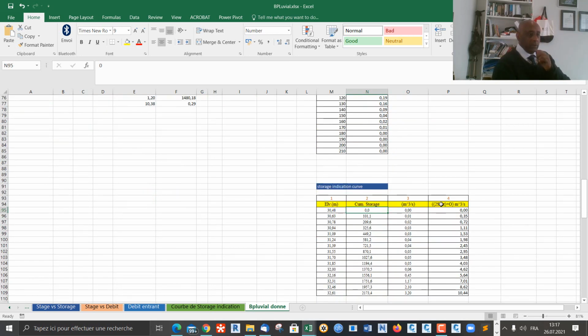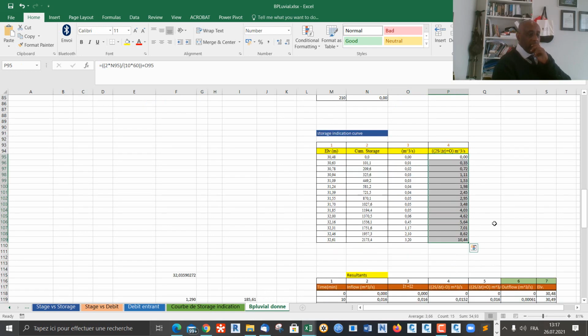Changing time 10 minutes. Storage is here plus the outflow is here. Calculate this one. This part of the table will give us the storage indication curve.